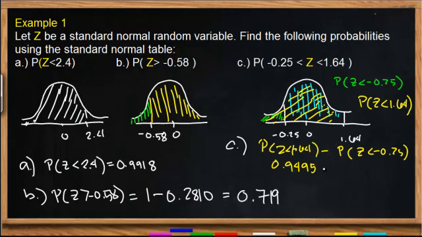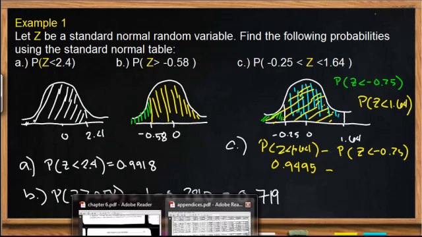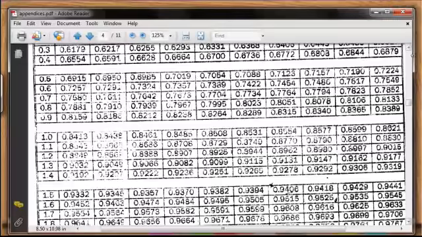And the other one, the probability that z is less than negative 0.25. Negative 0.25.